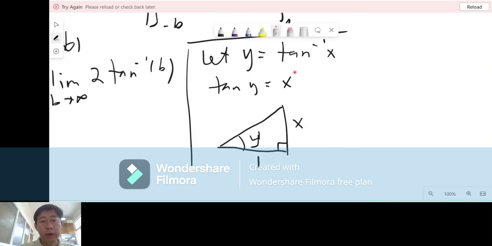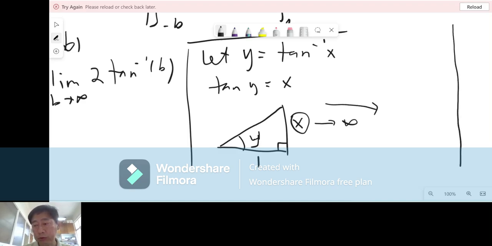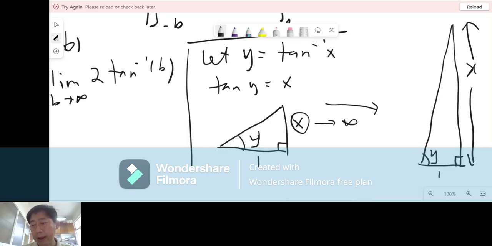Now you can see what happens when you let x tend to infinity. If x tends to infinity, the angle y would tend to 90 degrees. You can try to imagine this by making x increase. When x is increased to a very huge size, the right triangle will grow in height and the angle y would then tend towards 90 degrees.